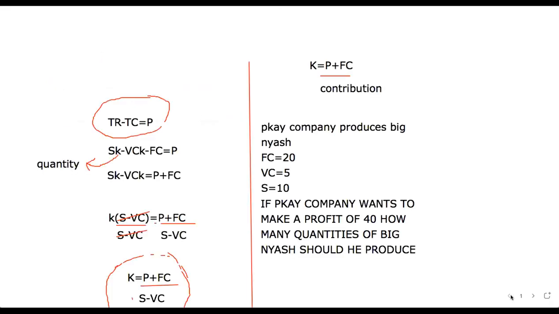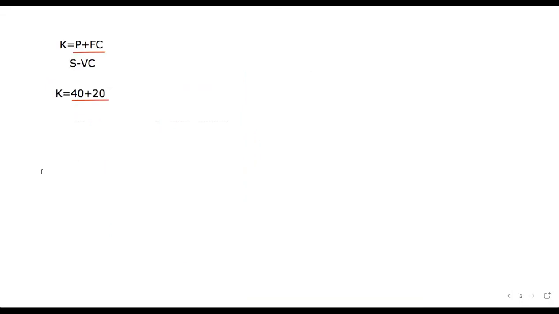PK company wants to make a profit of 40, so 40 plus 20, which is the fixed cost, all over the selling price, which is 10, minus the variable cost, which is 5.